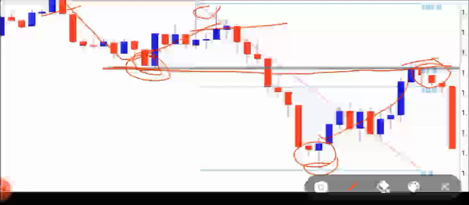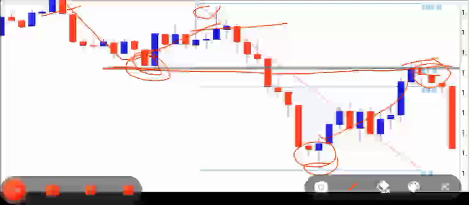So I place my sell after confirmation, and you can see the move down. It actually played out. These tricks and hacks actually work. We are not just giving you a cock and bull story here. We're giving you things that actually work.